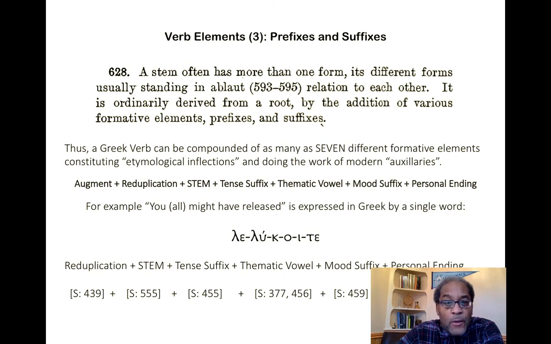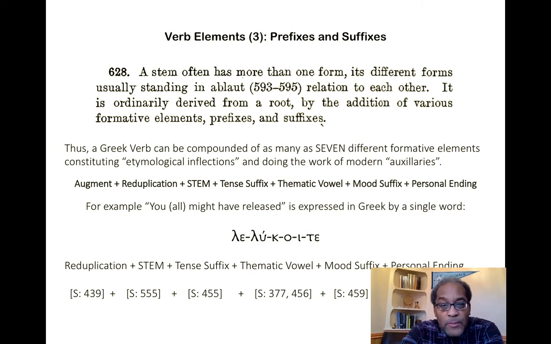So, for example, in Greek, you all might have released, these 5 words of English, are expressed by a single word. Leleukoite means you all might have released. So this is the complexity of the Greek verb.